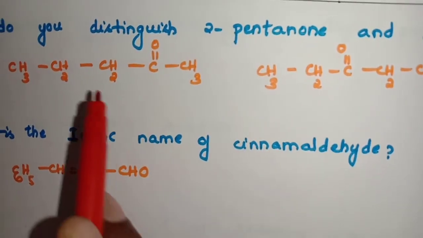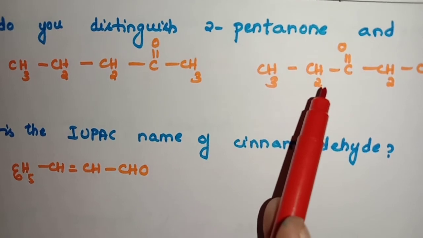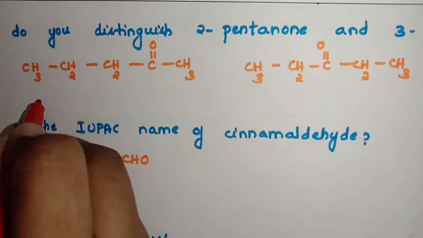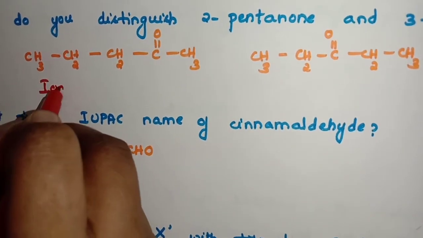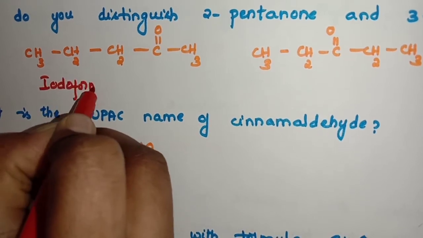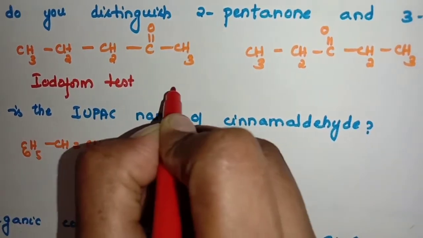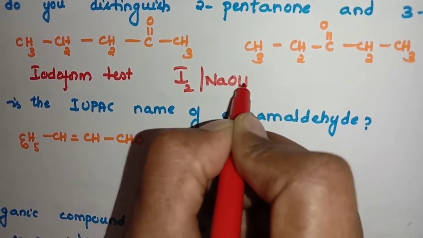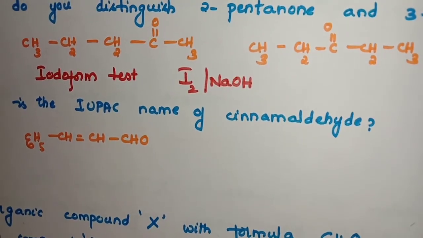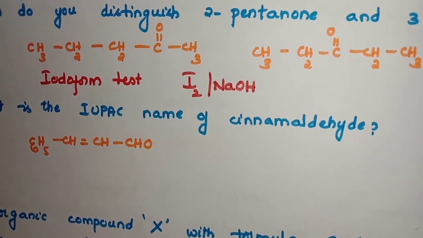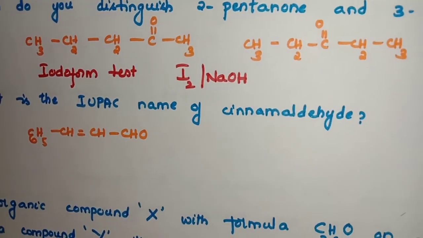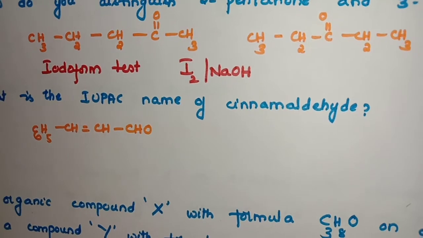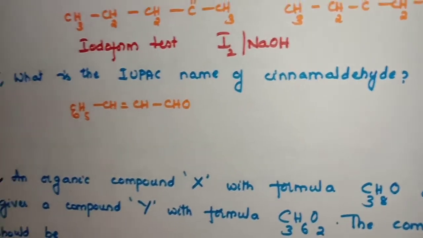We can distinguish these two compounds using the iodoform test, which we perform with iodine in the presence of NaOH. So by performing the iodoform test, we can distinguish 2-pentanone and 3-pentanone.